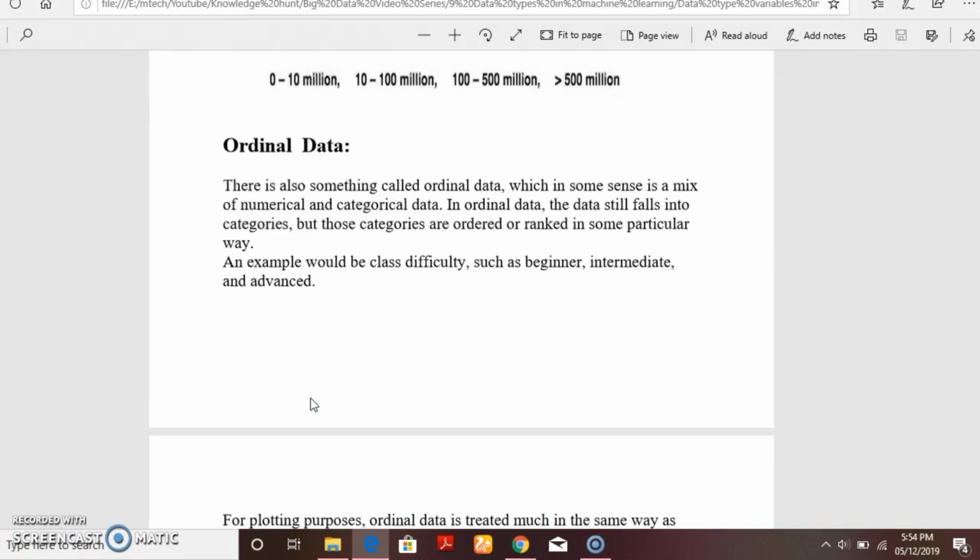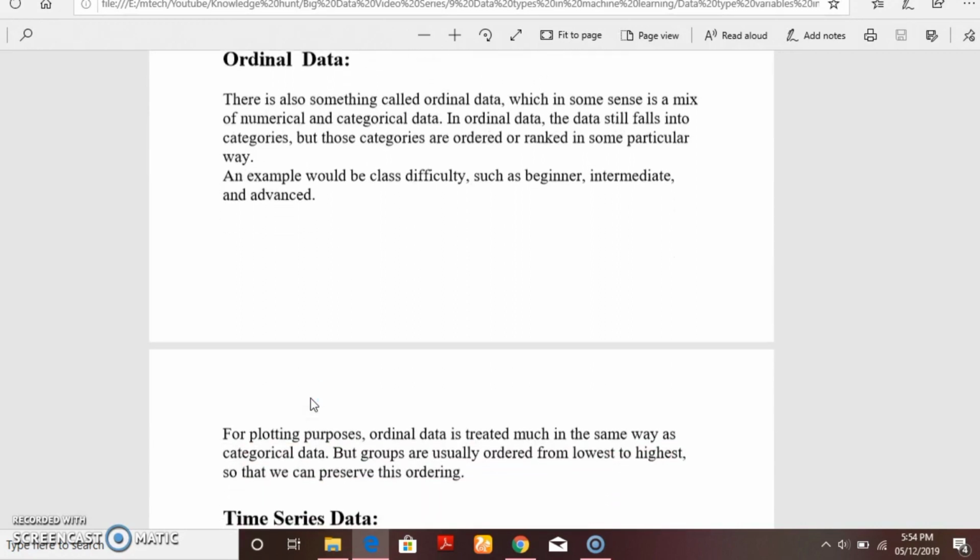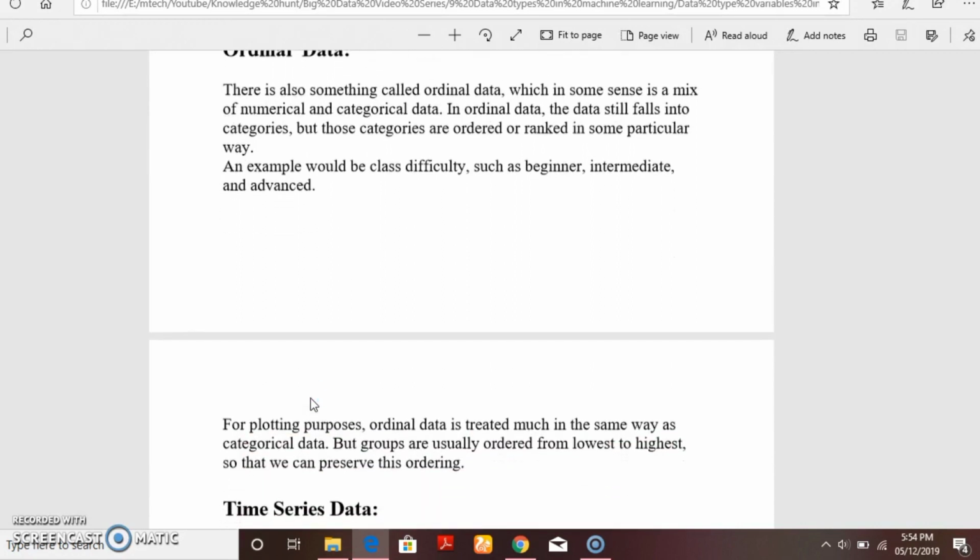For example, when we classify students, or ask how well you know a language, like Python, you will say I am a beginner, or an intermediate, or an advanced person. Such data is known as ordinal data.